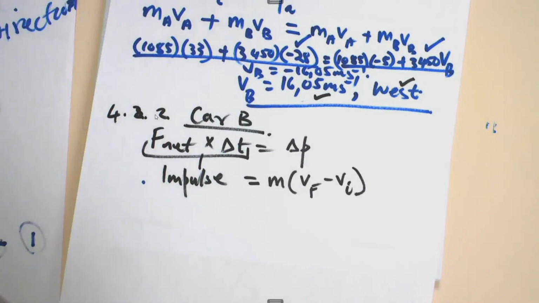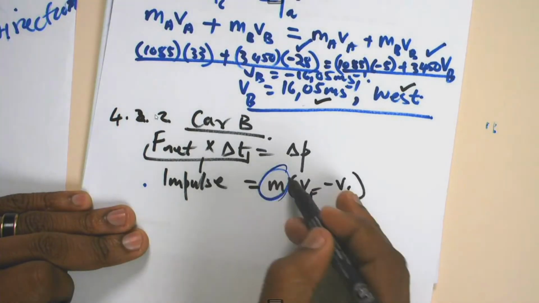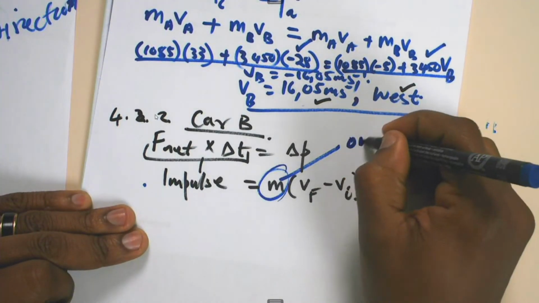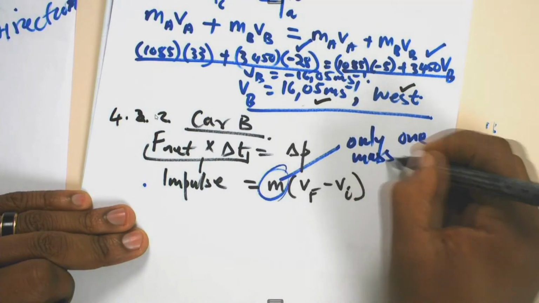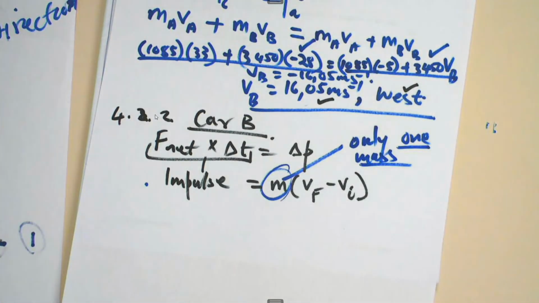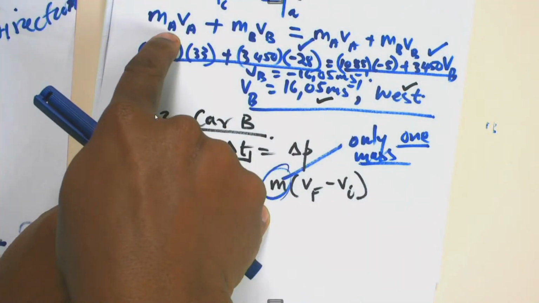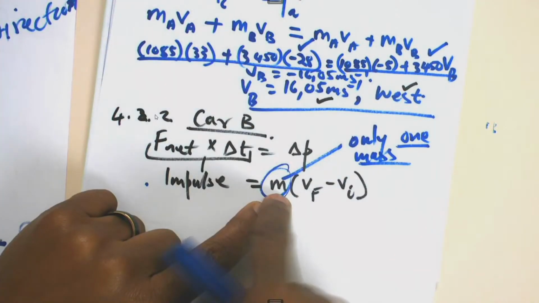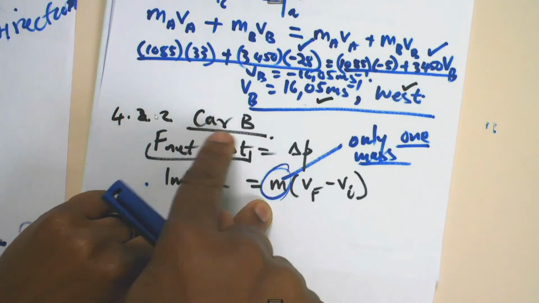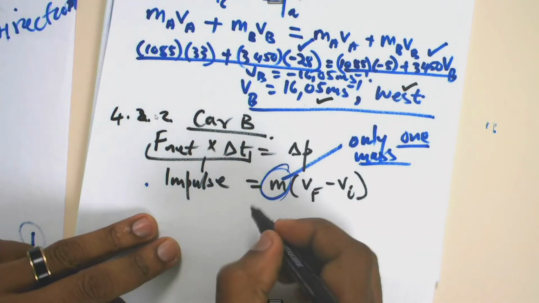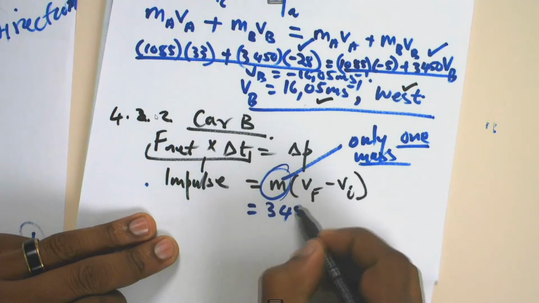My emphasis is you can only use this equation. You see, it's only one mass. Only one mass. So whatever you do, you cannot combine the mass of A and the mass of B and do whatever that needs to be done here. So the focus is only on B, so it means I can only work with the mass of B, and the mass of B was given as 3450.